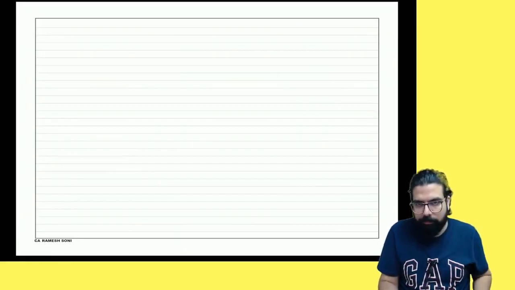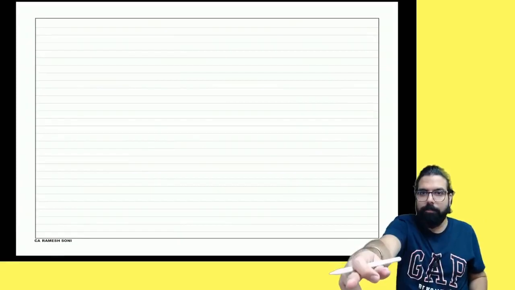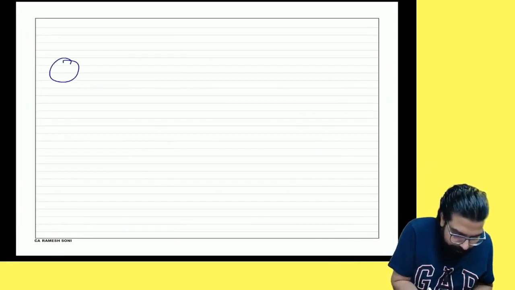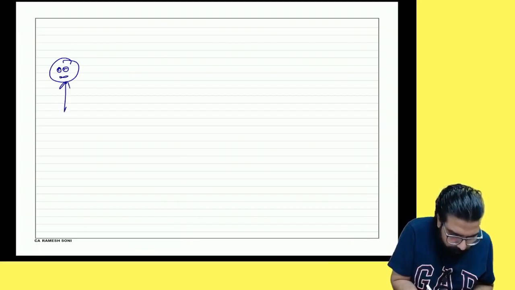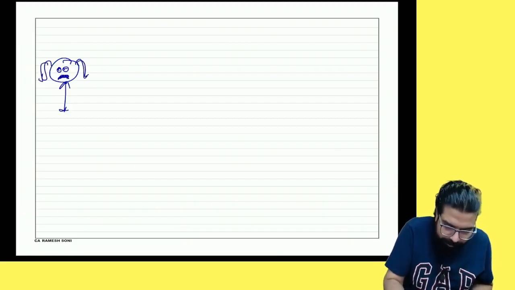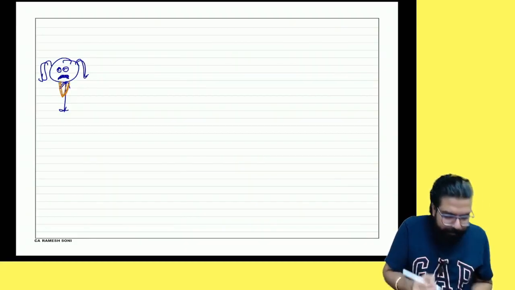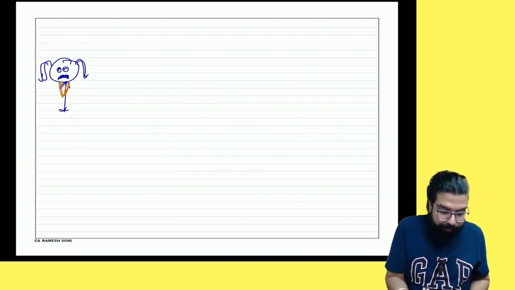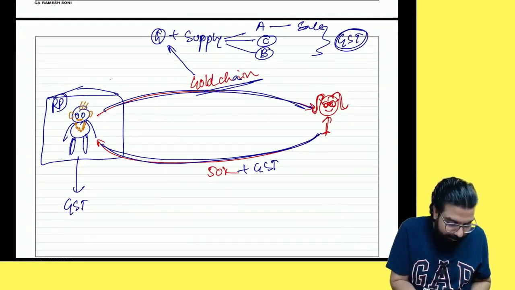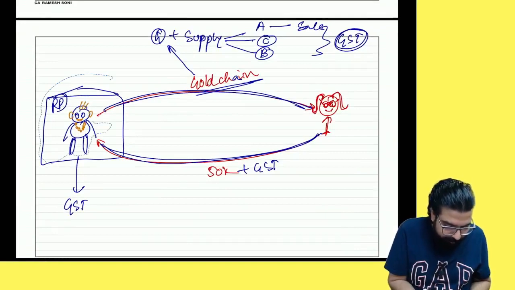Supposingly, madam, your name? Harshita. Harshita is wearing a gold chain. Now listen. Harshita went to our Money Bhai who is there. We'll pick him from here.